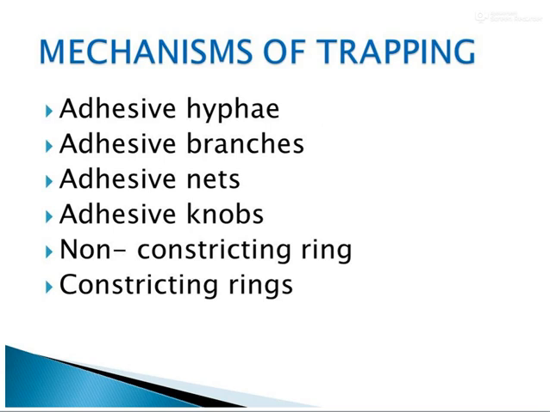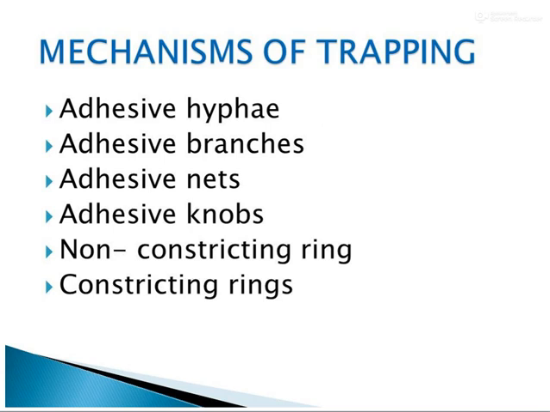Then you have net-like structures, which are sticky to each other. Then you also have knobs. Think about a door knob. When there are some knobs on the fungi, sometimes they might be considered to be sticky. Then we also have rings.